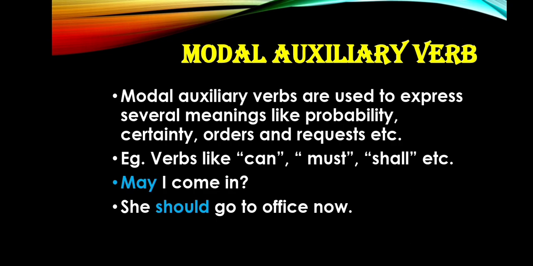In this question, the speaker requests somebody to let him come in. Second example, she should go to office now. This is a compulsion, should. So, may and should, these are the modal auxiliary verbs.